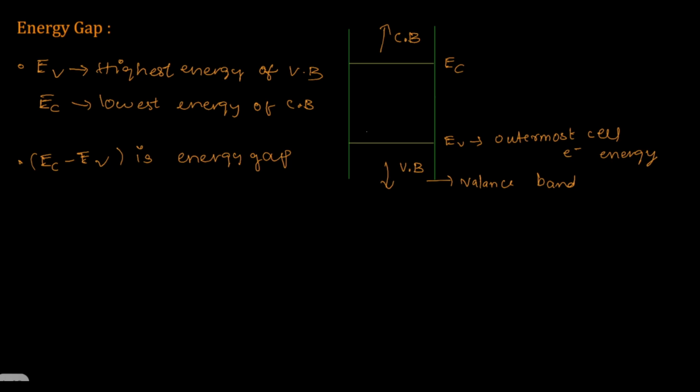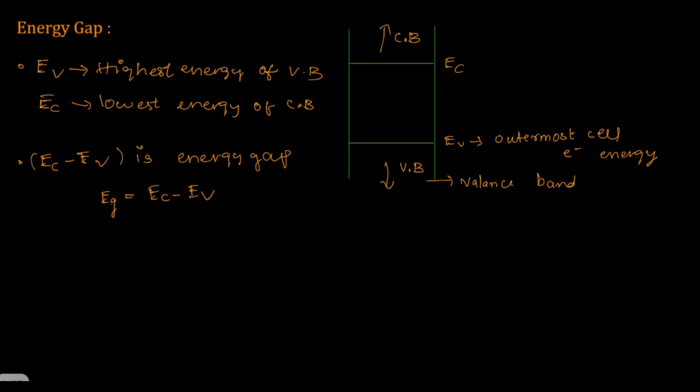The energy that an electron requires to break its bond from the outermost shell and go to the conduction band to become a free electron is known as the energy gap. So I can write that the energy gap is represented by Eg equal to EC minus EV.